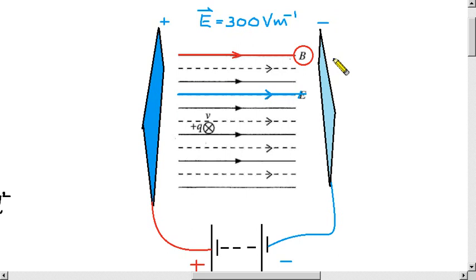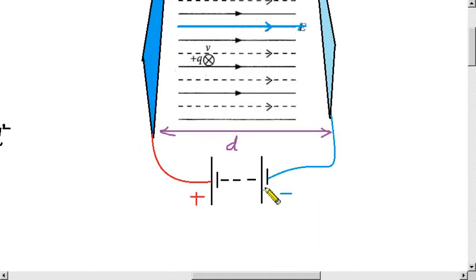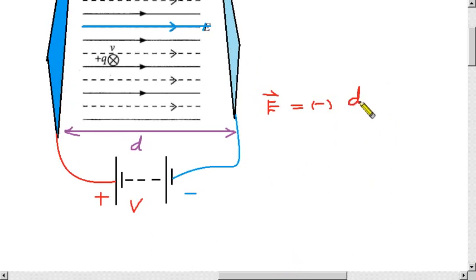So this distance you have to measure. First of all, this distance you have to measure using a meter rule. Suppose it is D, and this voltage is V. You know there is an equation, E, the field intensity, equals minus dV by dx.